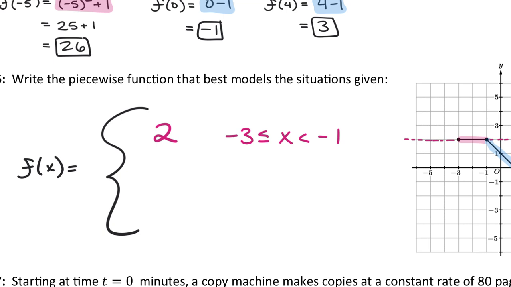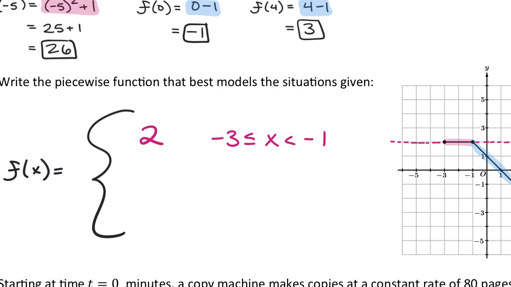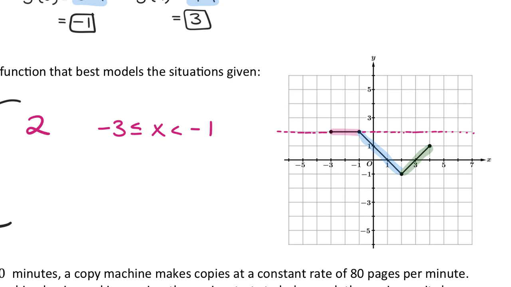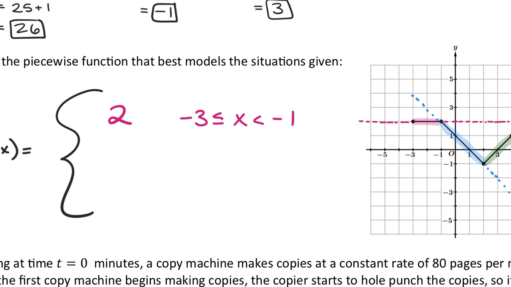Meaning, if I go to make the equation for the blue line, right? This is a linear equation. What's the slope of this linear equation, if it were to continue forever? -1. What's its y-intercept? 1. So this blue graph is -1x plus 1. And since it hits right at the same part as the red function, I'm going to say it starts at -1 and give that one the less than or equal to sign.